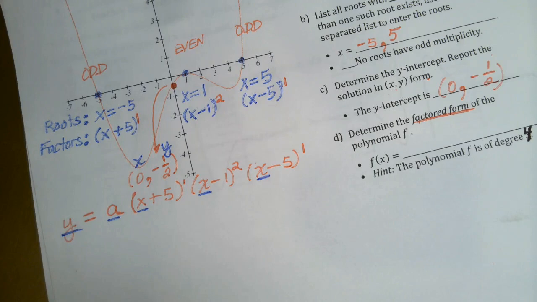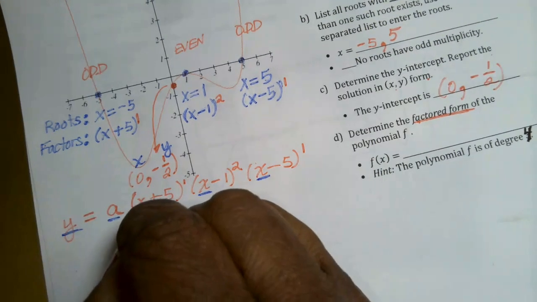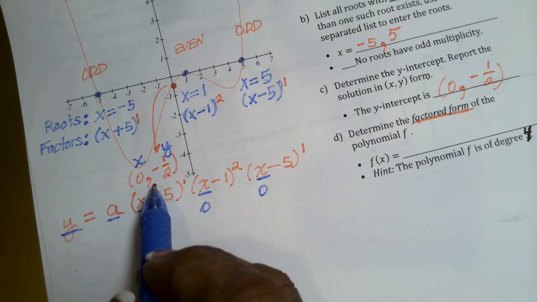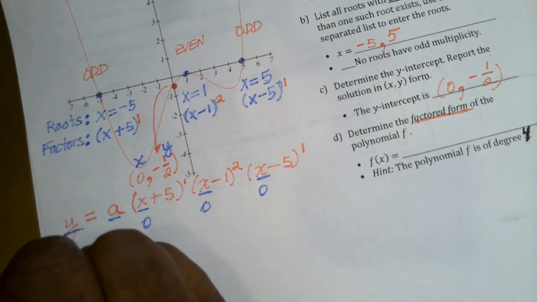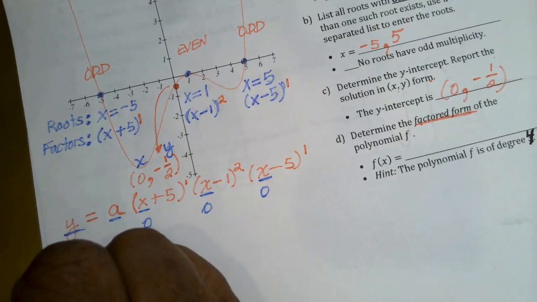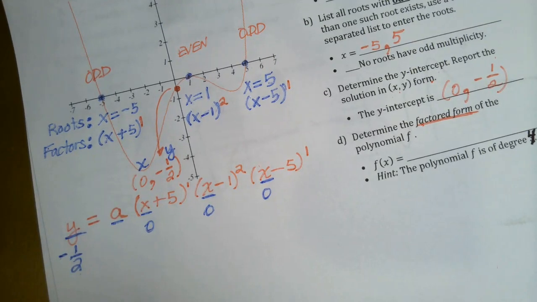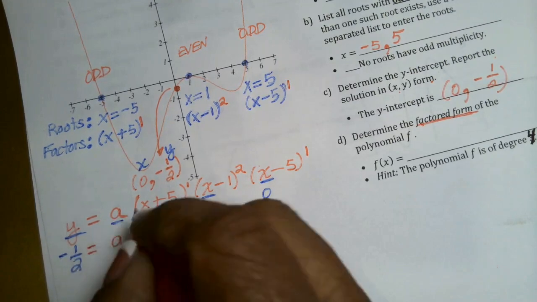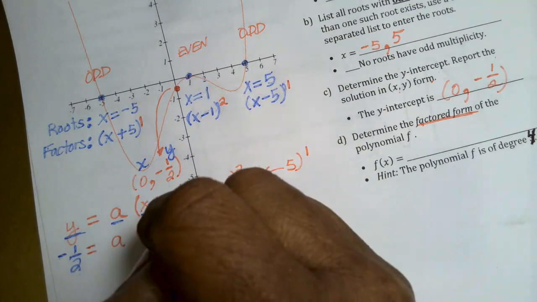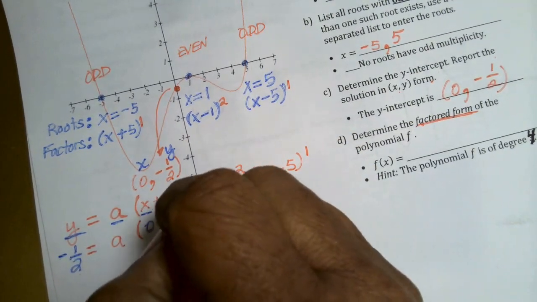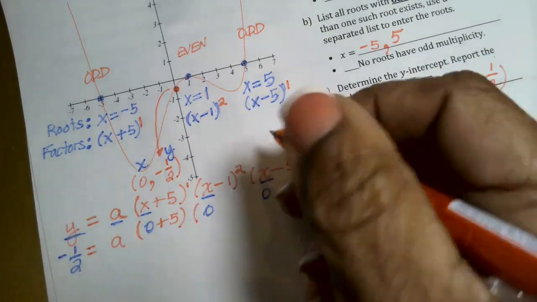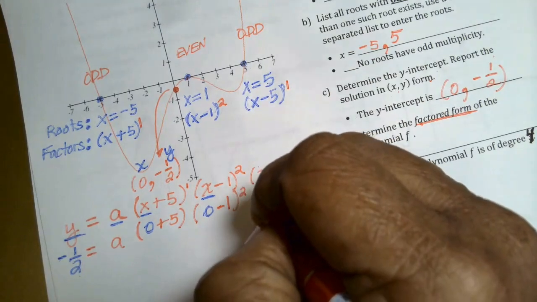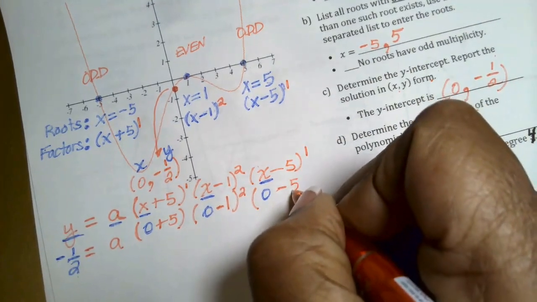So let's do that. 0 in for x, negative 1/2 in for y, and a is still unknown. So we're going to rewrite everything else. Everything else remains the same. A times the quantity 0 plus 5, times the quantity 0 minus 1, squared, times the quantity 0 minus 5.